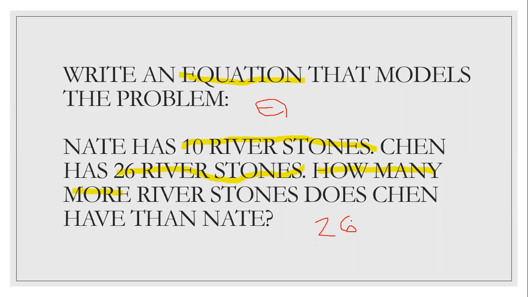But right now we're going to do it horizontally because it's an equation. So it's 26 minus 10 equals, and again, we don't care about the answer because it's just asking for an equation. So it says 26 minus 10 equals blank, or equals question mark. So that's the answer to that question.